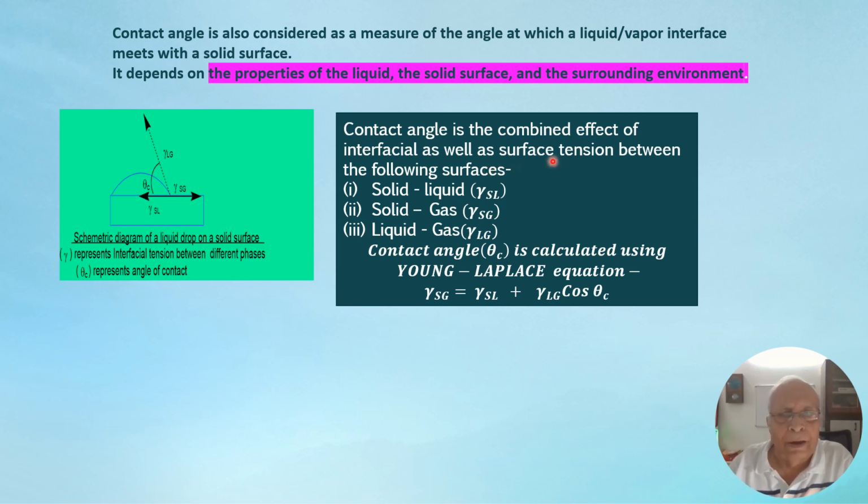Now contact angle is the combined effect of interfacial tensions between solid-liquid, solid-gas, liquid-gas. And it can be calculated using the Young equation that gamma SG is equal to gamma SL plus gamma LG cos theta C. That is known as the Young equation.